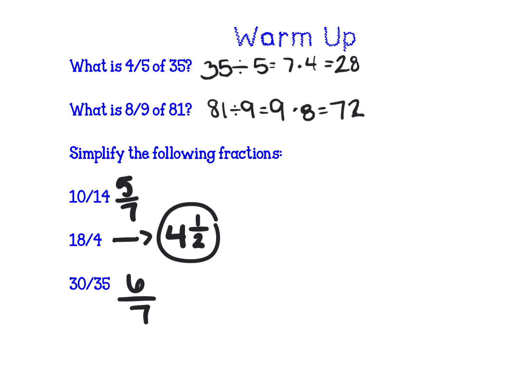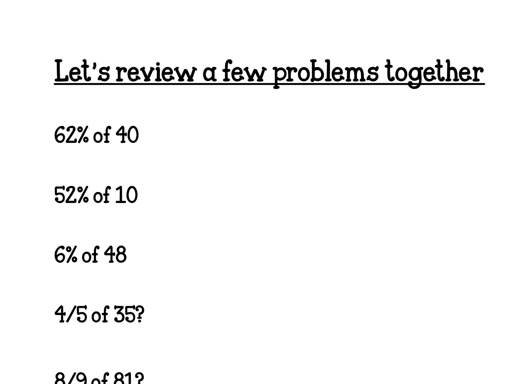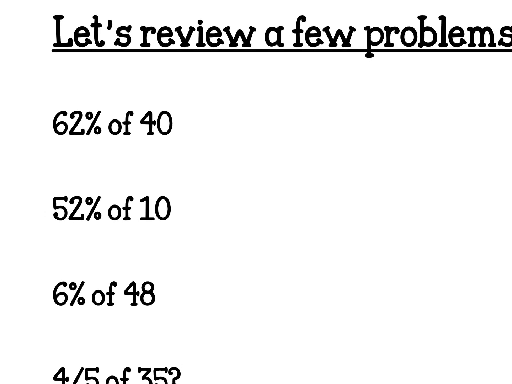All right, keep your notebooks open because we're going to do a few more practice problems in there. You need a calculator out if you did not already take one out. So on Friday, we looked at some problems like this where we were finding percents of numbers. Who can remind us, how did we find different percents of numbers, Ellie?